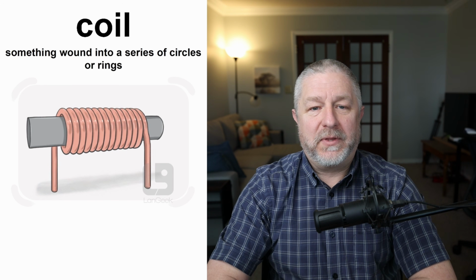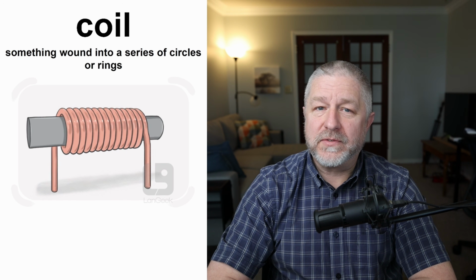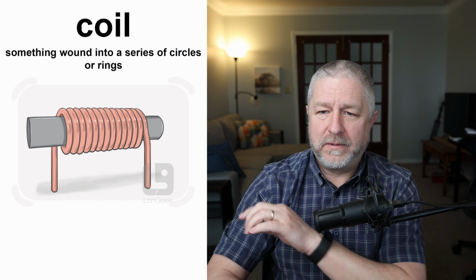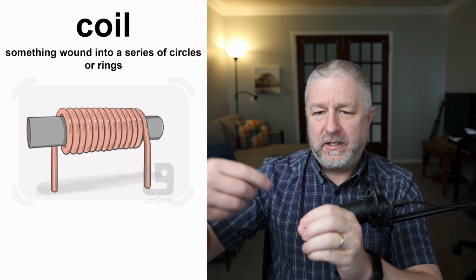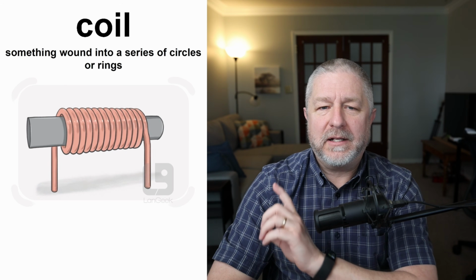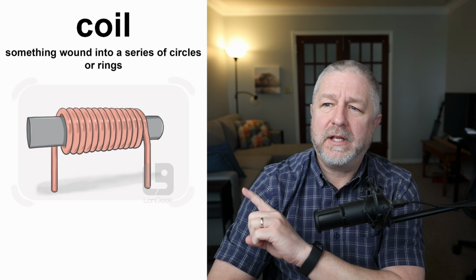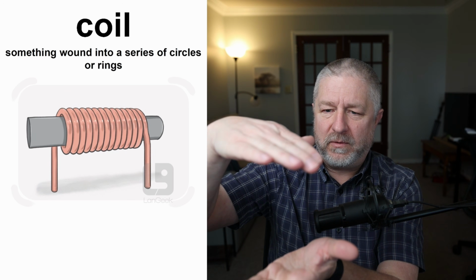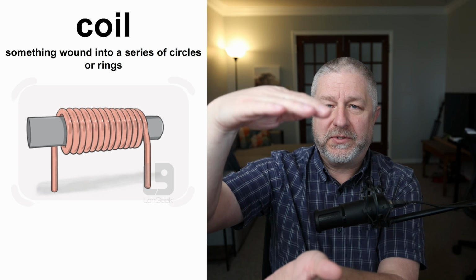Coil, something wound into a series of circles or rings. So notice the second word is wound, which indicates the verb to basically take something and do this, okay? And it's not necessarily a spring. A spring is similar, but when you compress the spring, it bounces back.